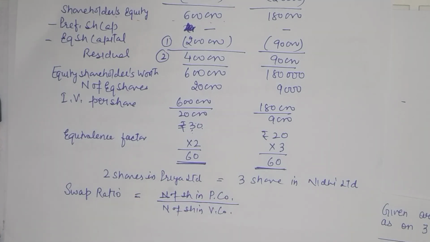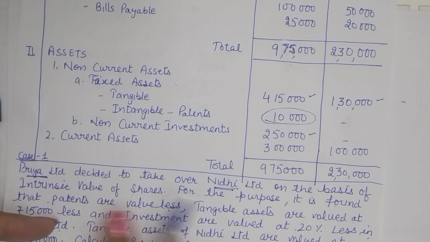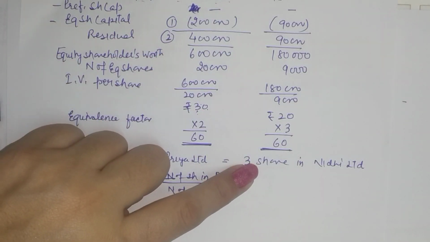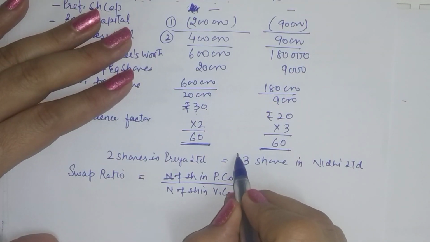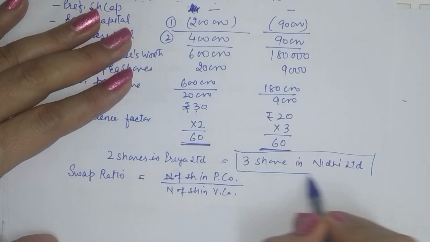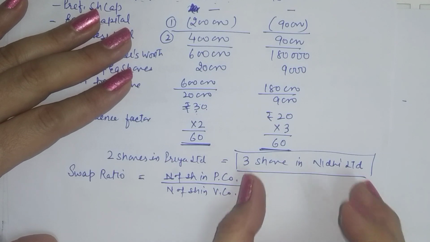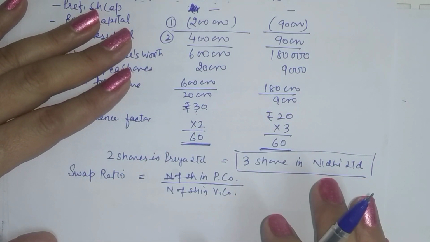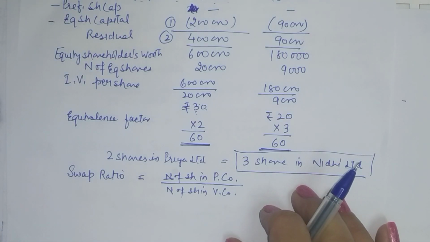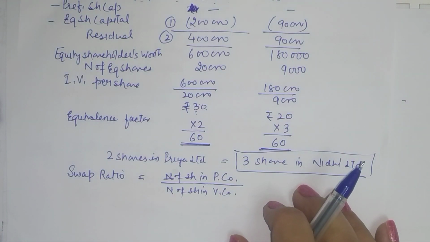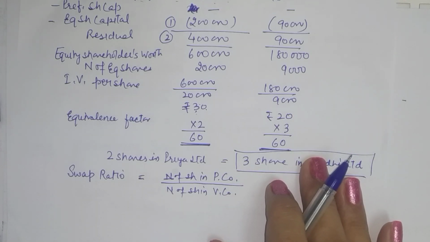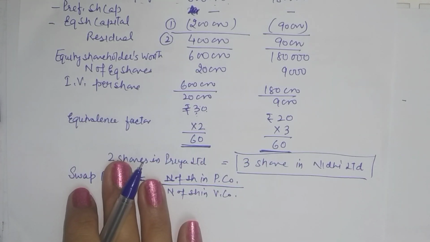So our question said that Priya Limited decides to take over Nidhi Limited. Right? So Nidhi Limited is being purchased. So Nidhi Limited is your existing company. The shareholders of this company are going to get shares in Priya Limited. So this is the vendor company. You have shares in the vendor company, and now with the process of amalgamation, you will be losing these shares because this company will be wound up and you will get shares in the new company, in the purchasing company, that is 2 shares.